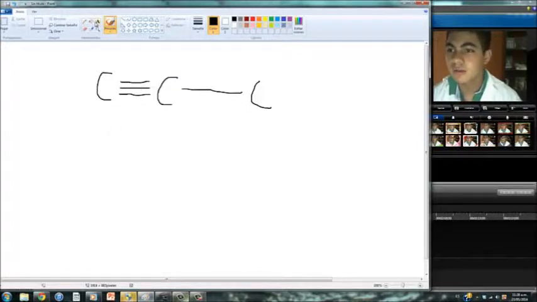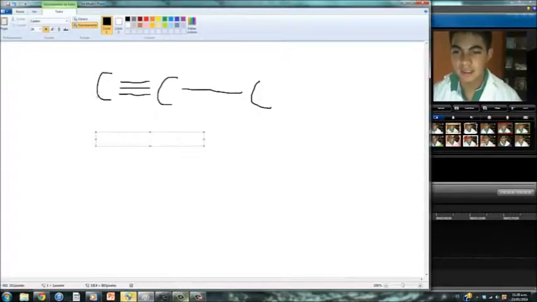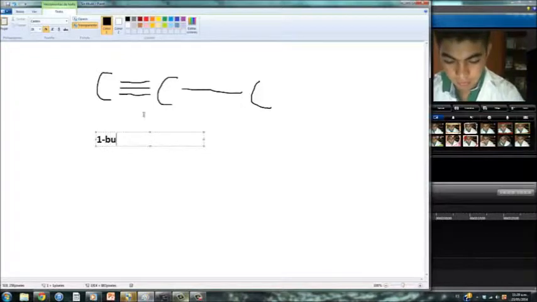Well, now we are going to write the name, and we have a three-carbon chain, so we know that it is butane, but the triple bond is between 1 and 2, and one of the rules is that with the smallest number we begin with that bond, so it would be 1, 2.